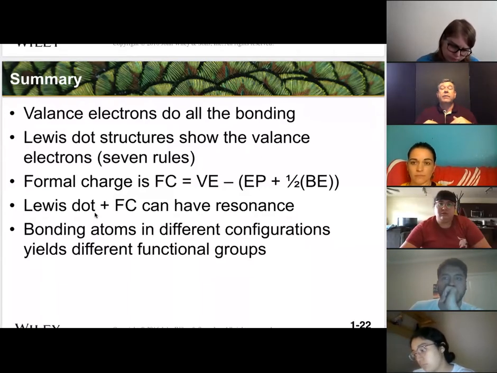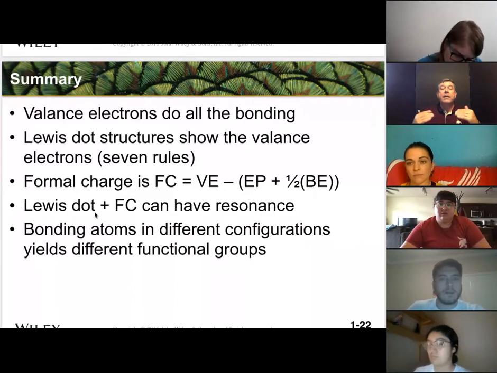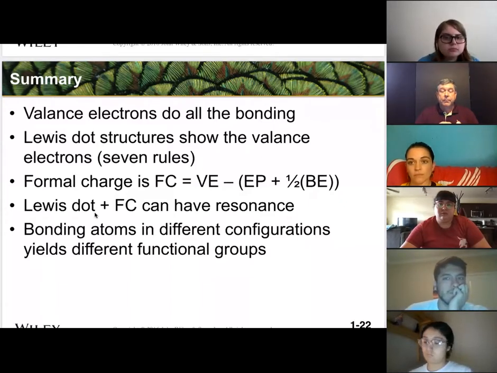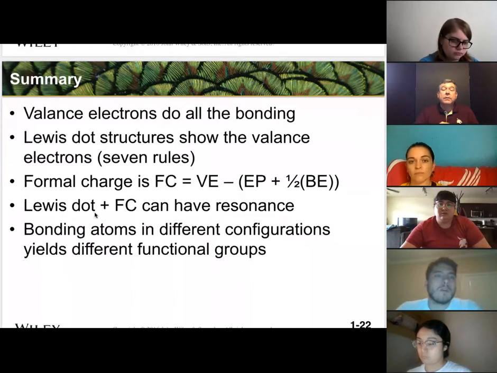Once we have a valid Lewis dot structure using our 7 rules of Lewis dot structures, we can calculate formal charge and determine if that molecule we've drawn is neutral or has formal charge. So if we have a Lewis dot structure and the formal charge, we can then look to see if we have different resonance formations that we can make from it.